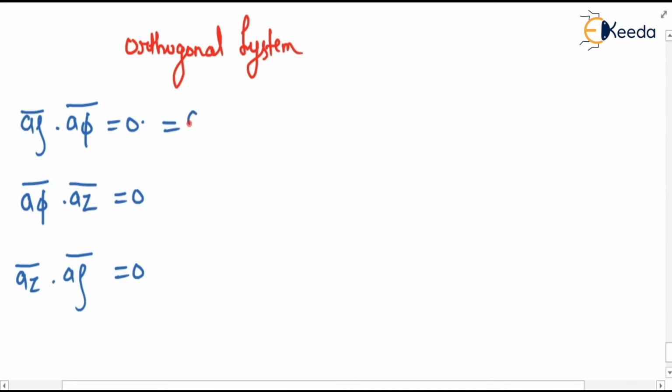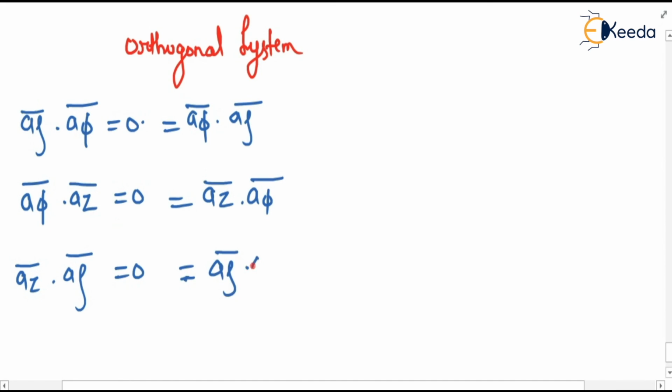That can also be written as a phi dot a rho, because the dot product is commutative. This can also be written as a z dot a phi, and a rho dot a z.